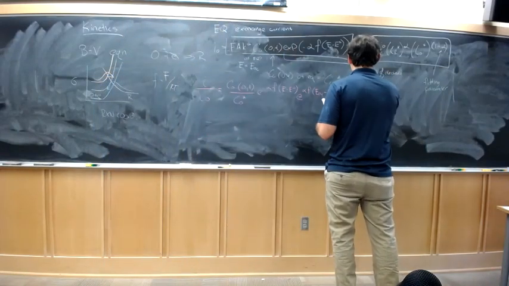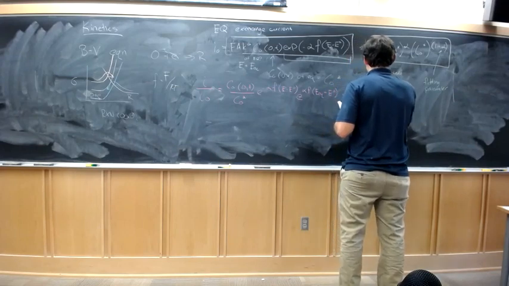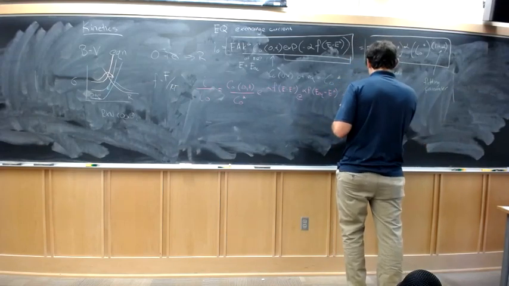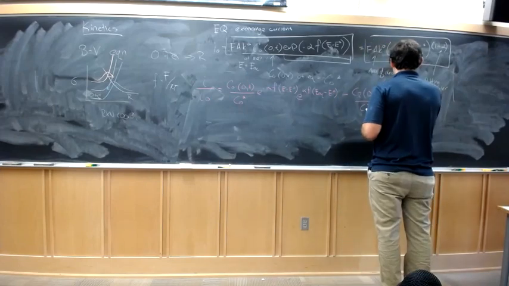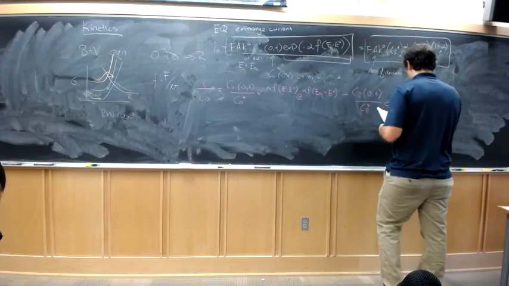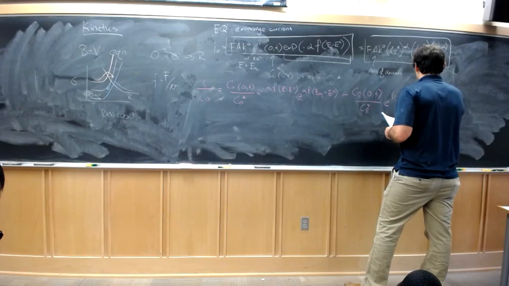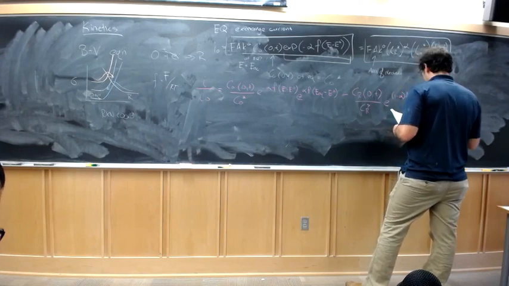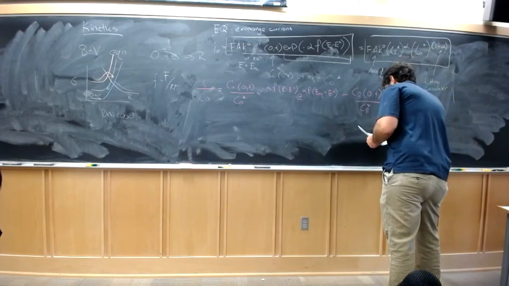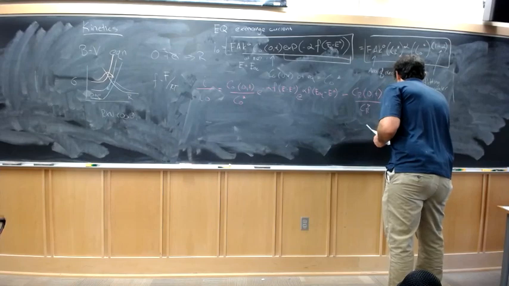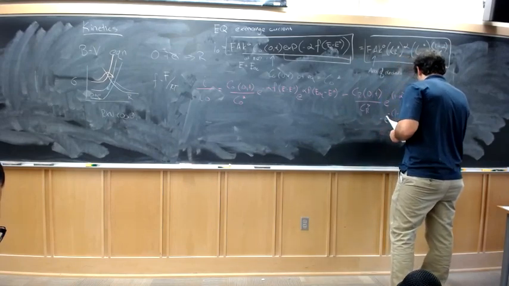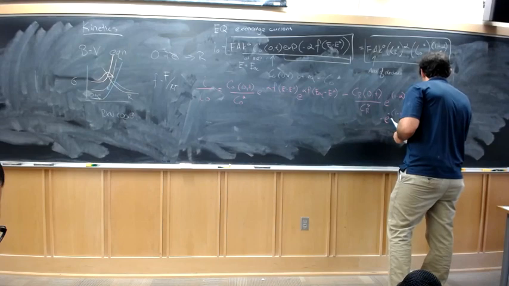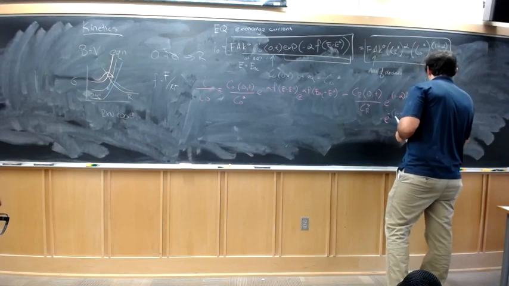minus the second term, to the (1 minus alpha) f (E minus E naught), times e to the negative (1 minus alpha) f (E_eq minus E naught).